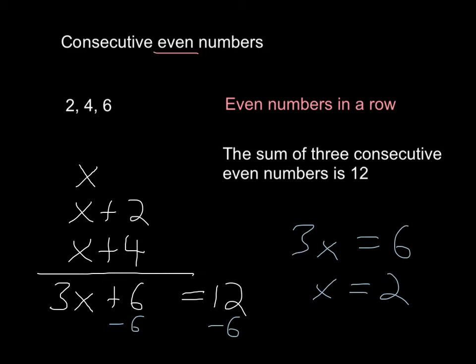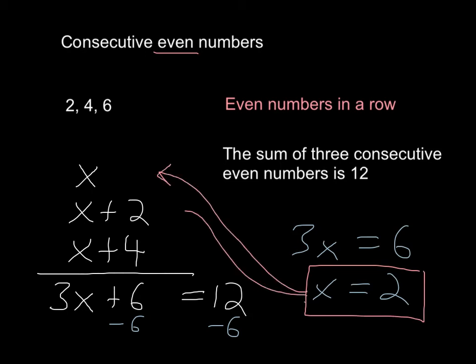Now I have my first number, and if I plug it back into these, I'll get my second number and my third number. x equals 2, 4, and 6. Those are 3 consecutive even numbers that add up to 12.